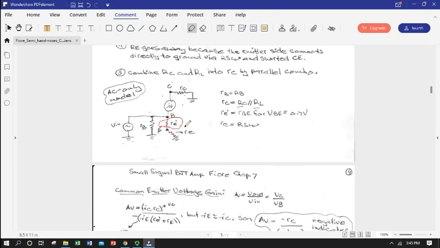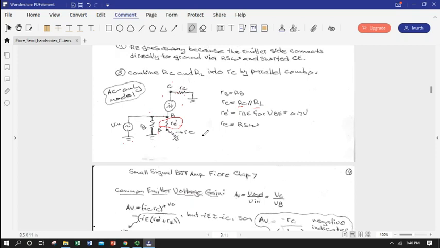So we'll define an AC load line later on in the Class A amplifier section of the course, which is the very last section actually, and show that we can use this kind of model just the way we used our DC model and calculate a maximum magnitude of collector current and collector emitter voltage drop for the AC model only.